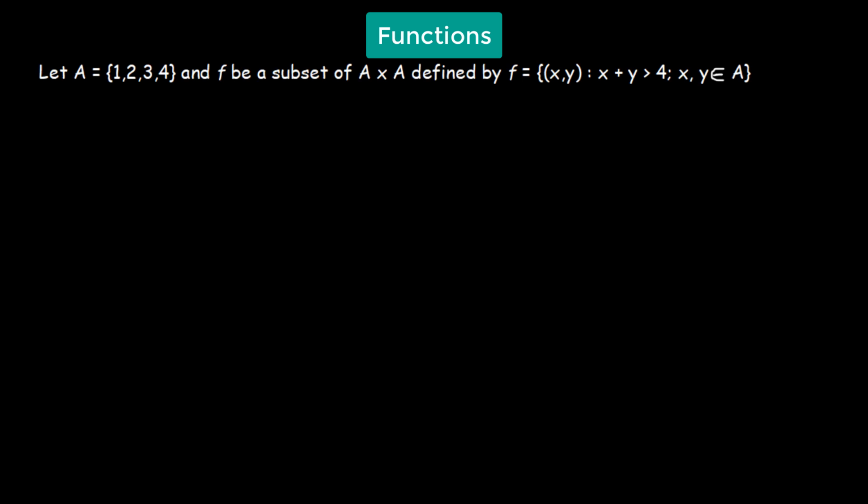Here in this question we have a set A having 4 elements, 1, 2, 3 and 4, and we are given a set denoted by F, which is a subset of the Cartesian product of A and A. This set F is defined as the set of all ordered pairs x and y such that the sum x plus y must be greater than 4, where x and y belong to set A. Let us try to find the ordered pairs that satisfy the condition that x plus y is greater than 4.